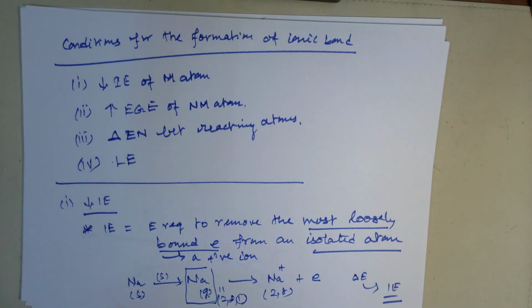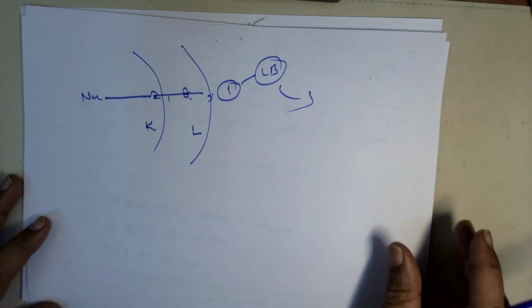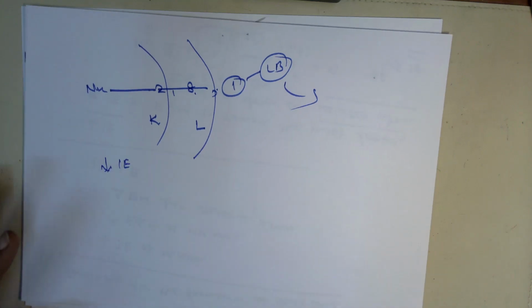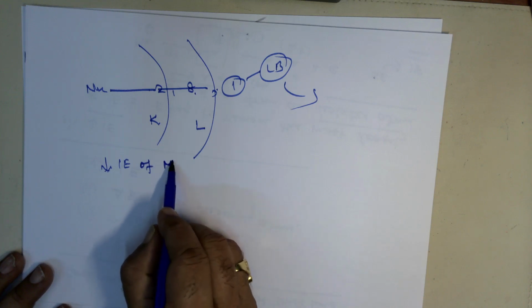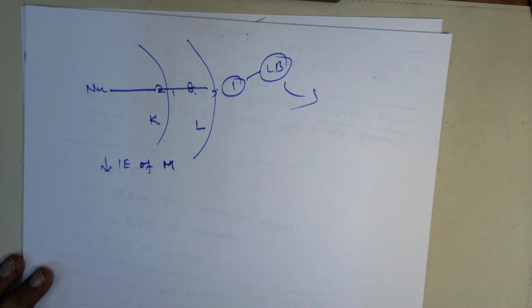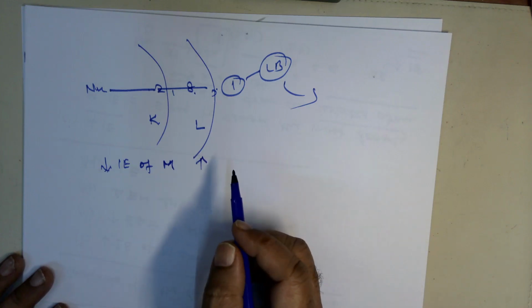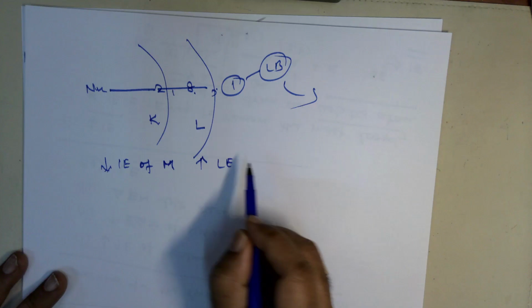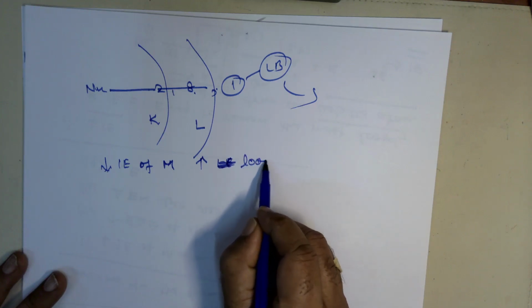Take down this point, it is very important. The lesser the ionization energy of a metal atom, the greater will be the tendency to lose the valency electron.